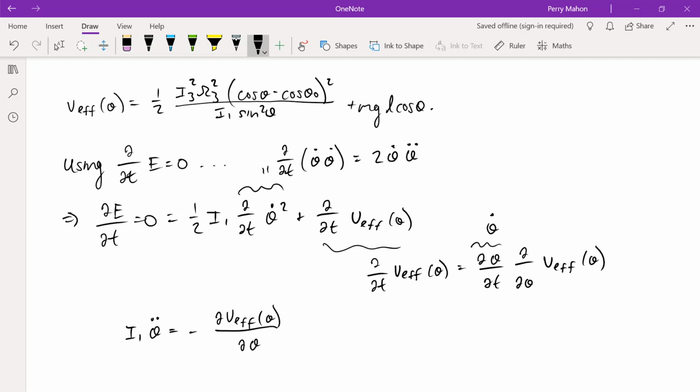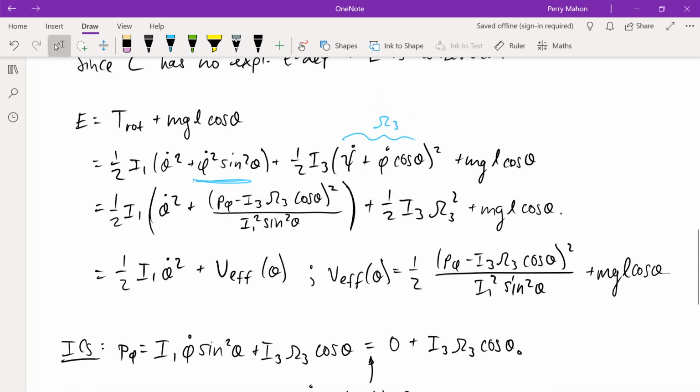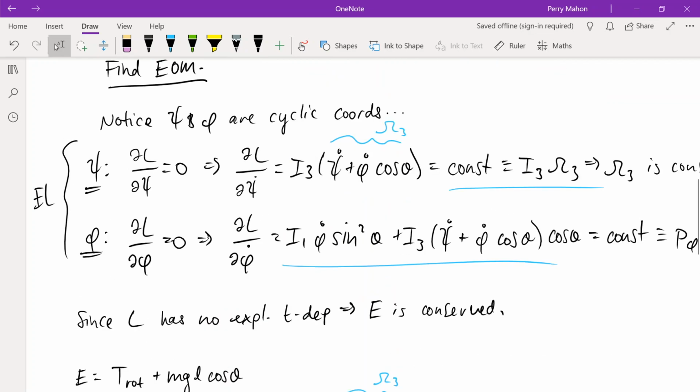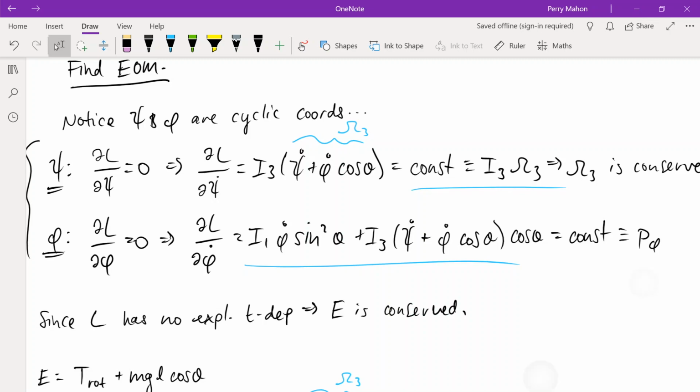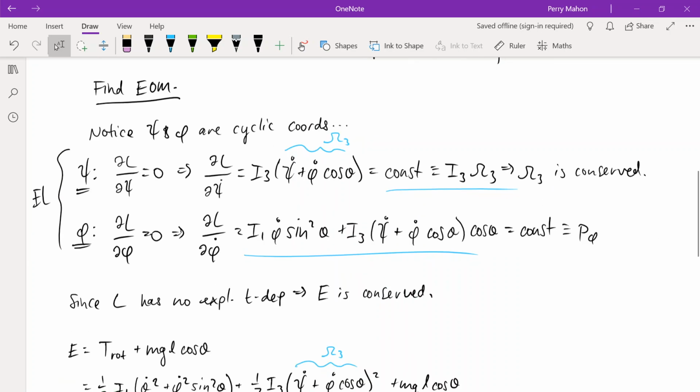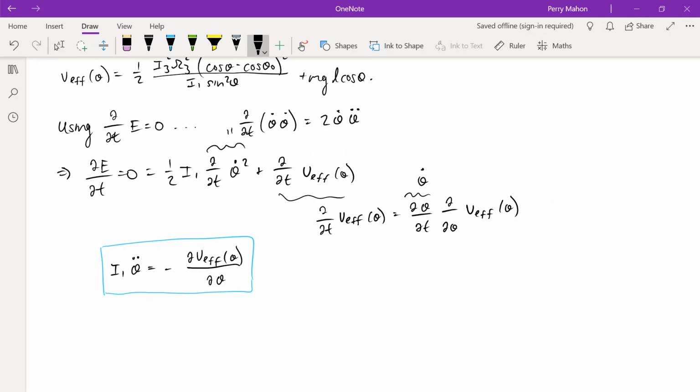Okay, so this is our equation of motion for the theta generalized coordinate, and these were the other two results from the equations of motion for the other two generalized coordinates. So that's part A of the problem done.